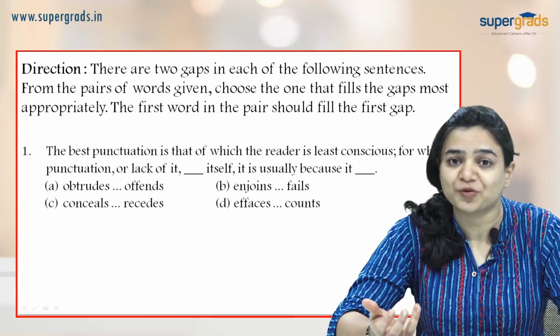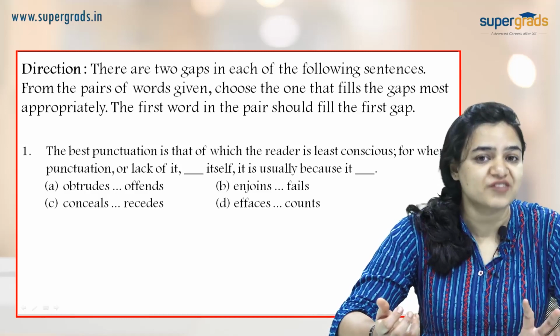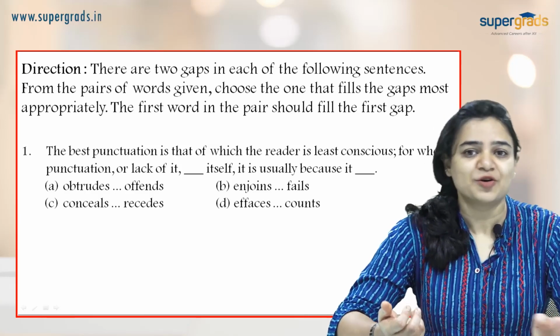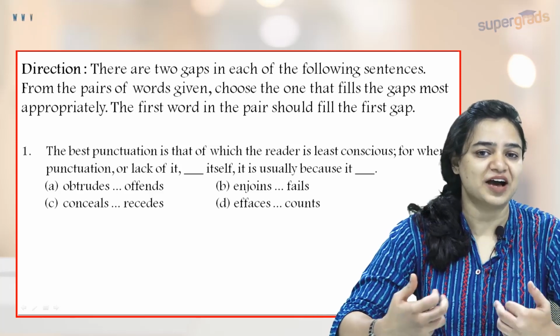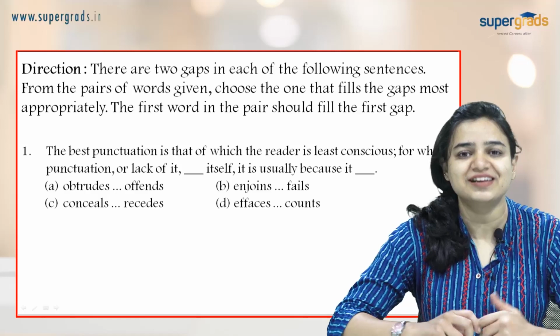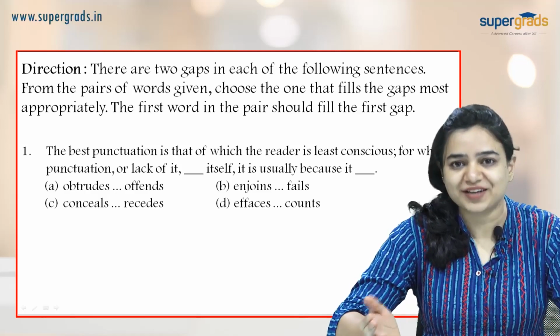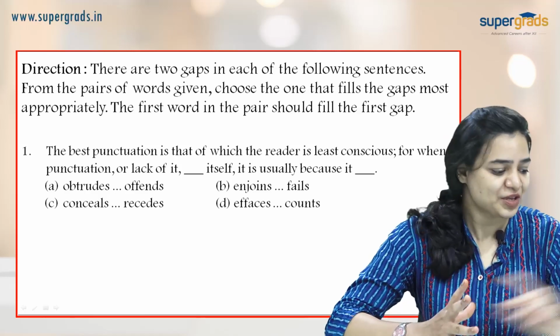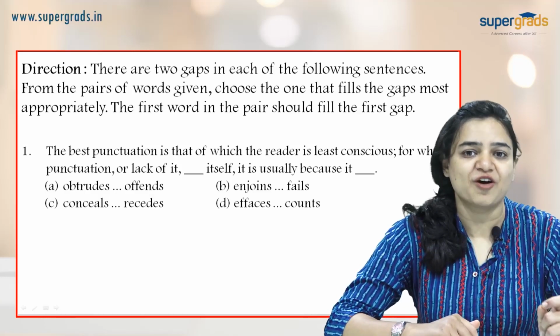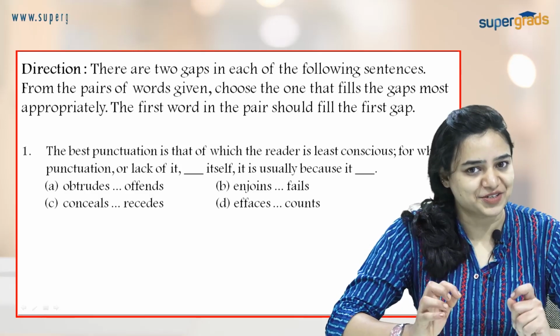If you do not know the meaning of enjoin or efface, you will fail to handle this question. This comes only from having good vocabulary, for which you should use your study material and expand your word power. So question number 1, the answer is A. Our keyword from which we got our answer was least conscious.